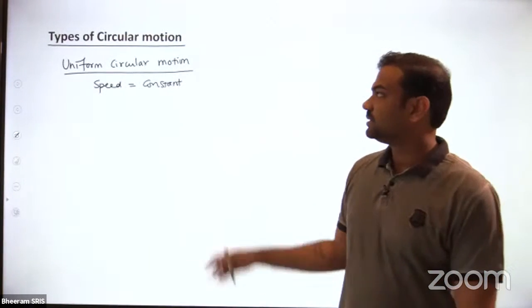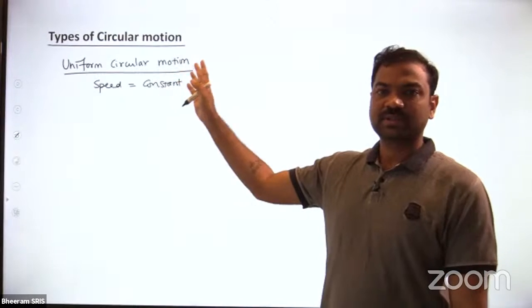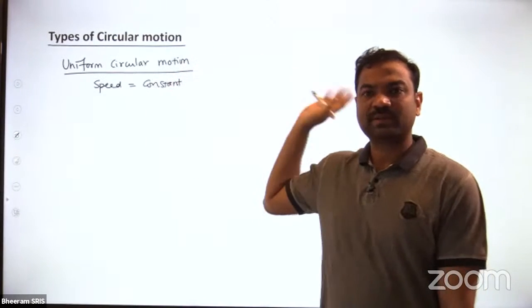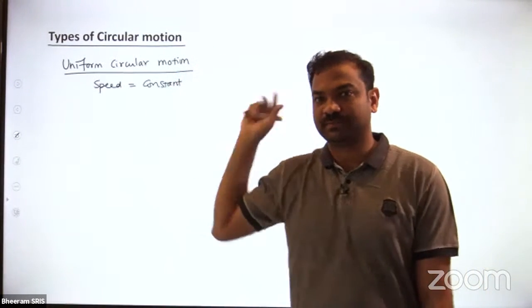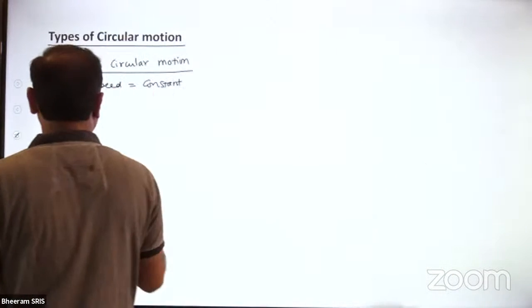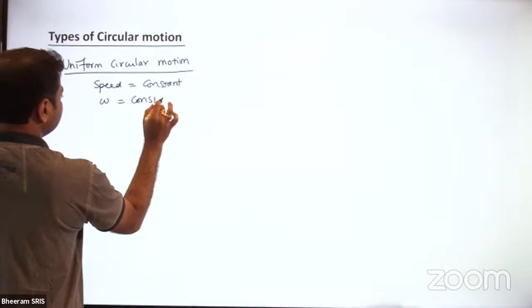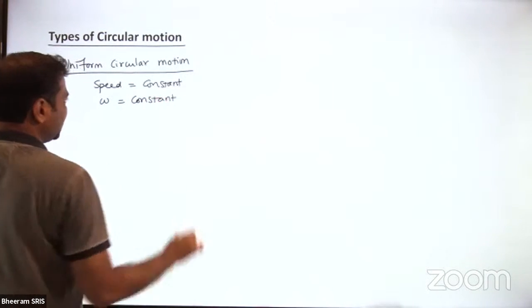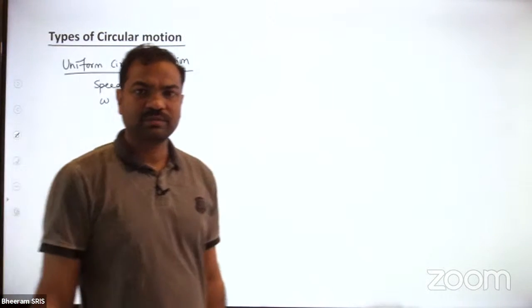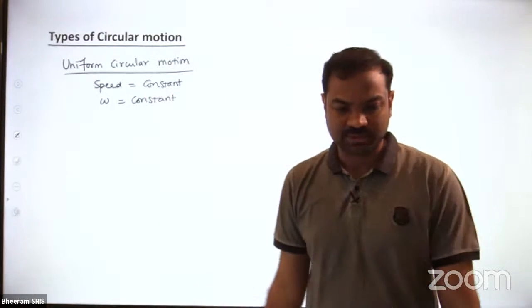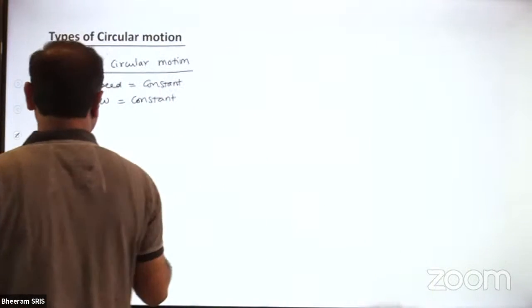So we are making the types of circular motion into two: one is uniform, the other is non-uniform, according to the acceleration. Speed is constant, or omega, angular velocity, is constant. Whenever speed or angular velocity is constant, that motion we call uniform circular motion.